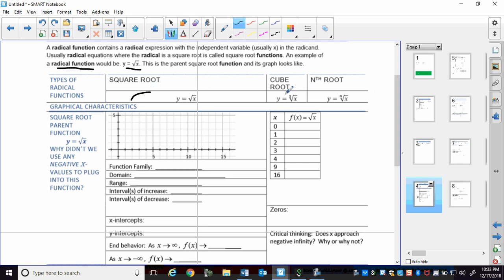On the other hand, the graph of the cube roots looks like this. And we'll see that as we move forward. So the first thing that we want to do is just look at the graphical characteristics of y equals the square root of x. So the function family here is radicals.